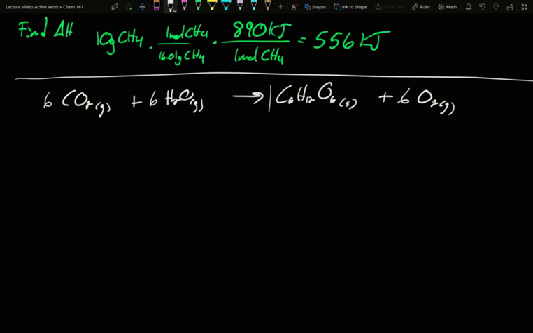This is photosynthesis. Photosynthesis has a delta H of reaction equal to 2,840 kilojoules. This is positive. The atoms are gaining energy as this reaction occurs.